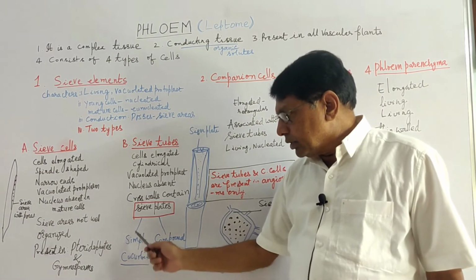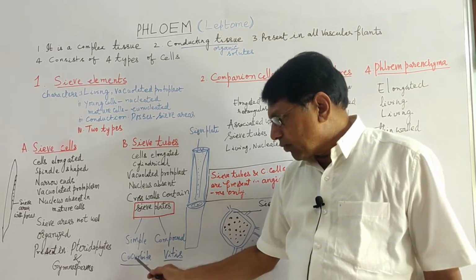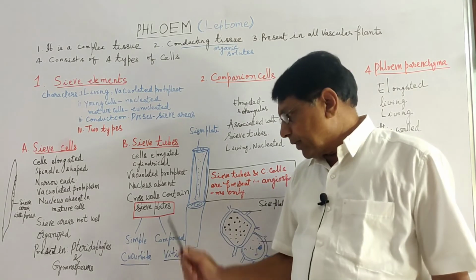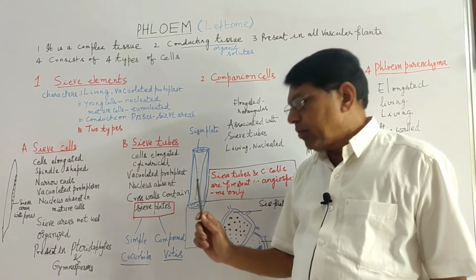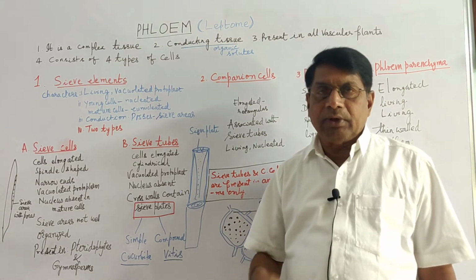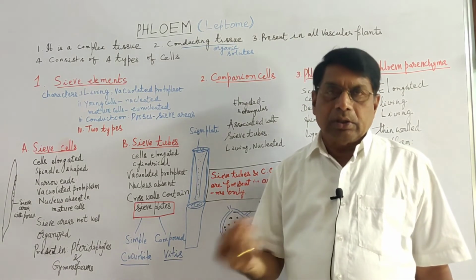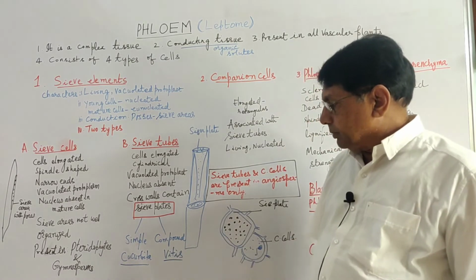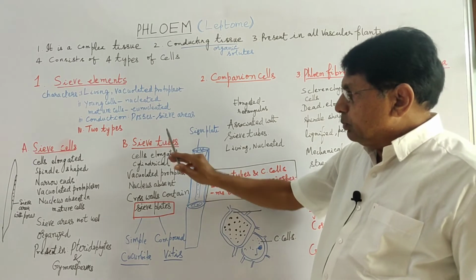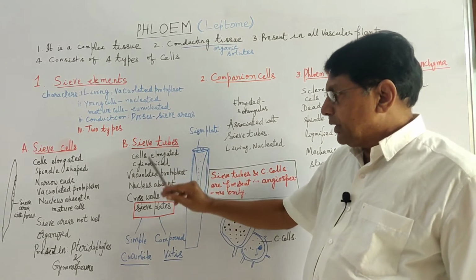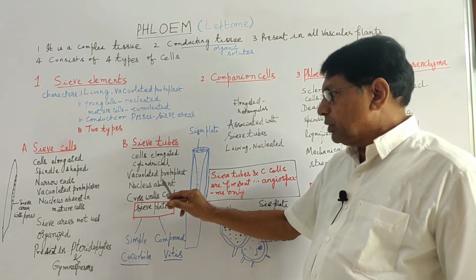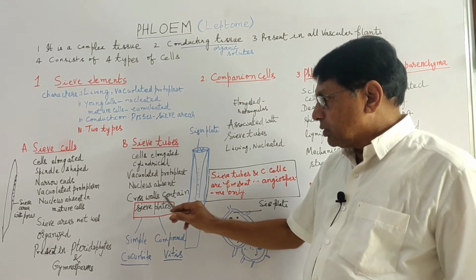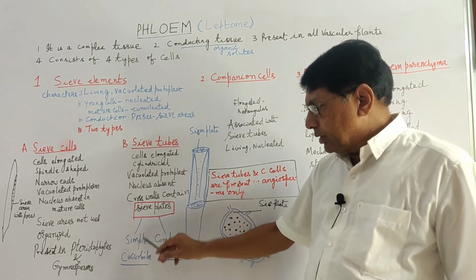Simple sieve plates are found in cucurbits, whereas compound are found in Vitis. Vitis vinifera is the wine plant.